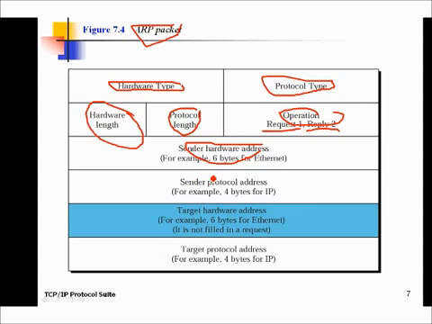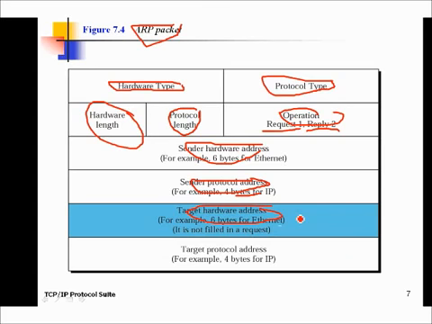For example, for Ethernet, this field is 6 bytes long. Sender protocol address. This is a variable length field defining the logical, for example IP, address of the sender. For the IP protocol, this field is 4 bytes long.